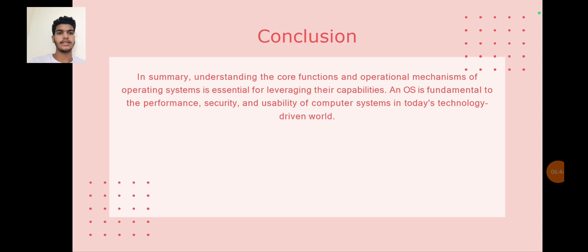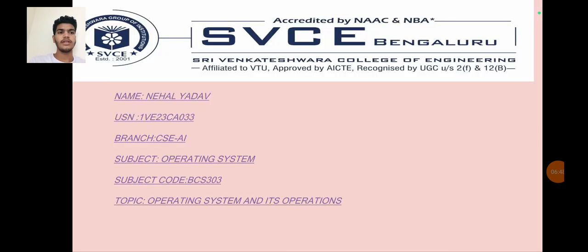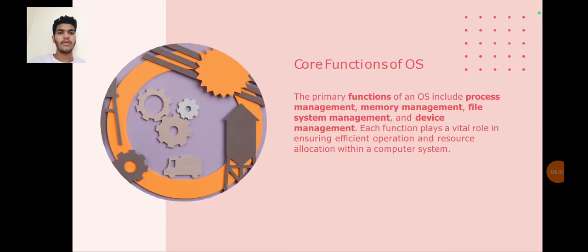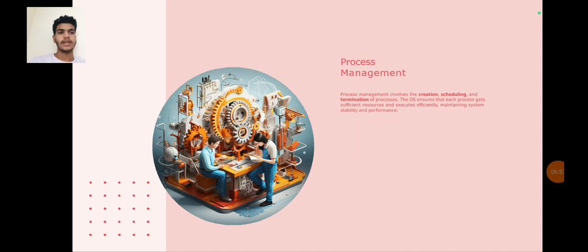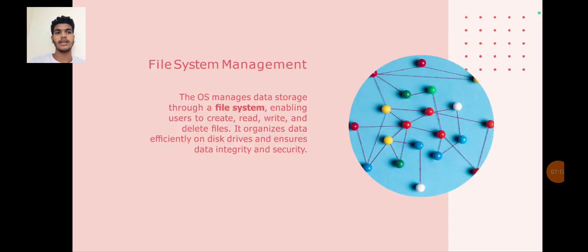Let us recall: there are four core functions of OS. Those are process management, memory management, file system management, and device management. Process management includes creating, scheduling, and termination of processes. Memory management allocates and deallocates memory, using functions like malloc.